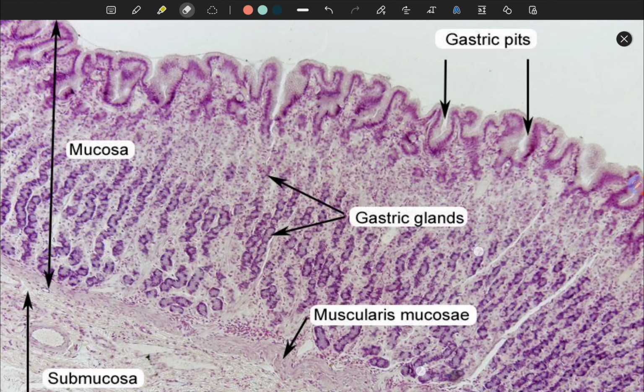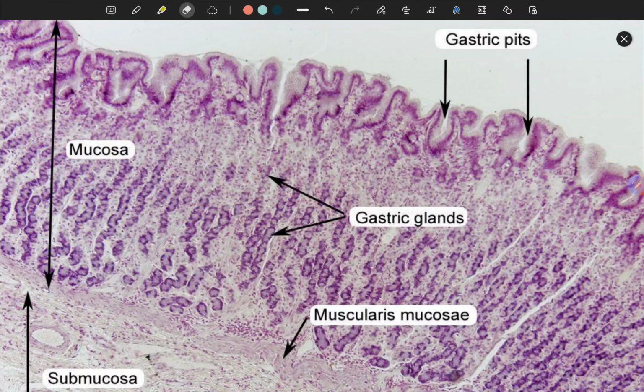At the basal part of the pits, there are the gastric glands with the different types of cells that we mentioned. Stem cells are at the basal part of the gland, while the mucous neck cells are found at the neck or the start of the gland.